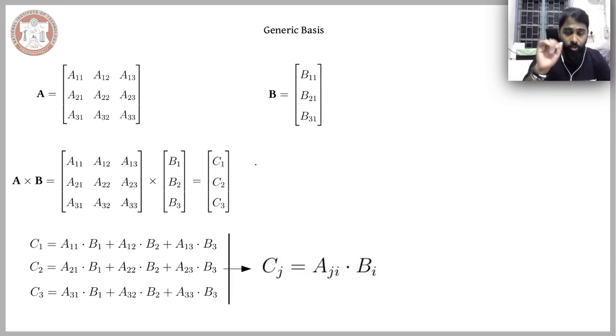The indices that vary with the position of the entries, we refer to as the live index. And the indices that talk about summation within an entry, we refer to as the dummy index. So this live and dummy index essentially allow us to describe matrices of any dimension using just a single expression.